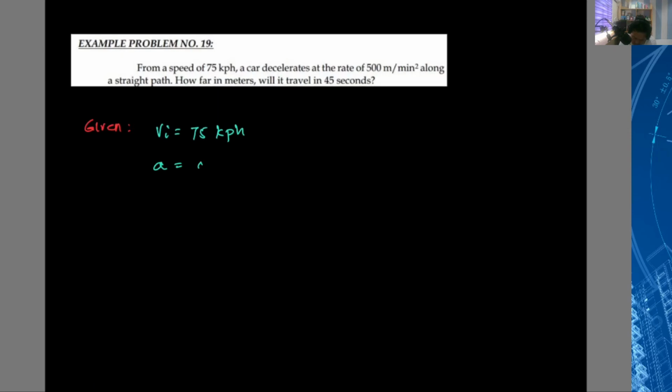A car decelerates, so acceleration is 500 meter per minute squared. But this is deceleration, so we will just use the negative formula later on. The time is 45 seconds. Required here is S, or the distance traveled.